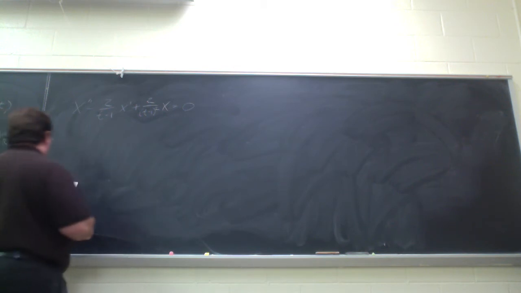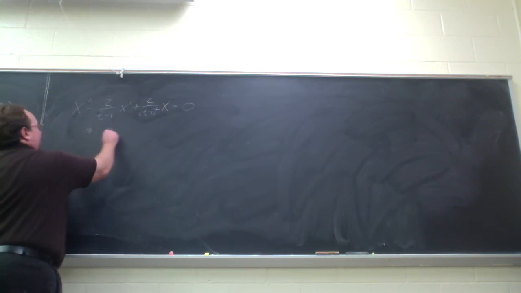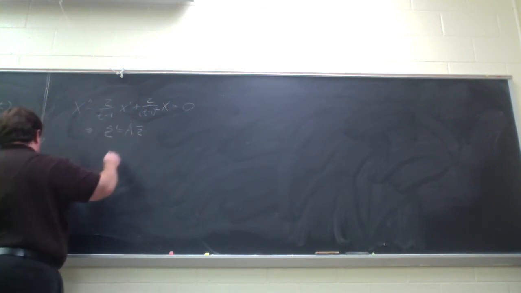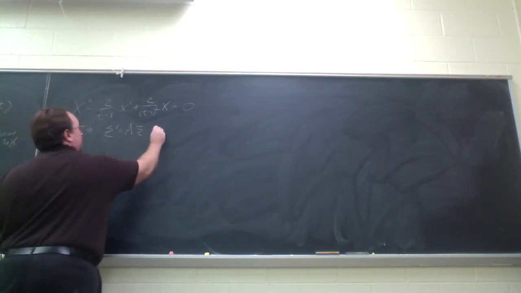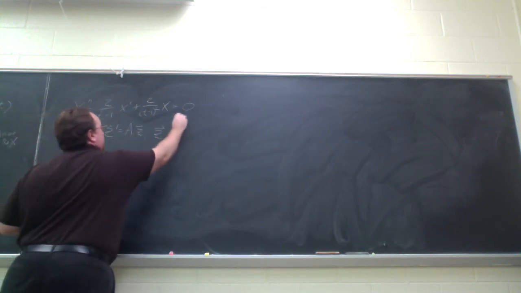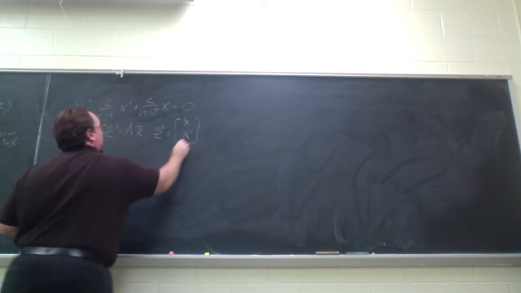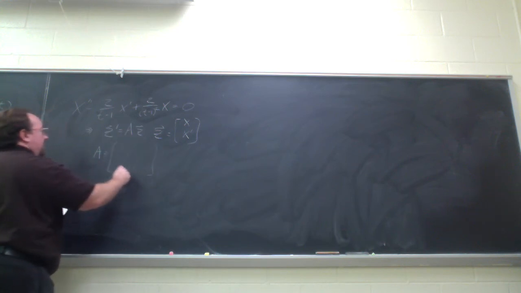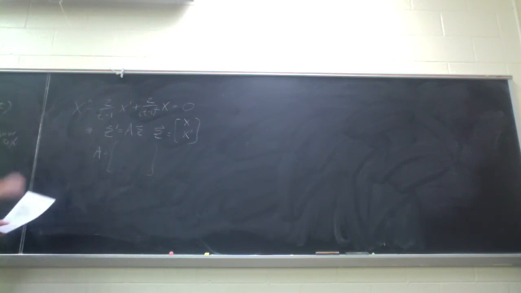Okay. All right. So this turns into a first order system. Z prime is equal to AZ. So Z consists of X and X prime. So those are your two variables. Your matrix A is just a 2 by 2 matrix because this is second order.